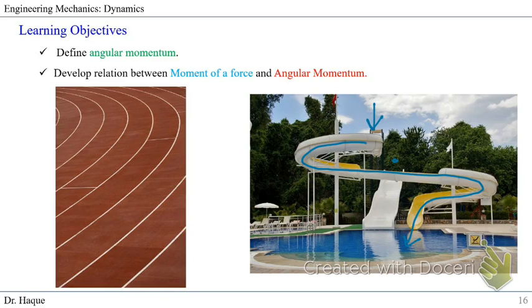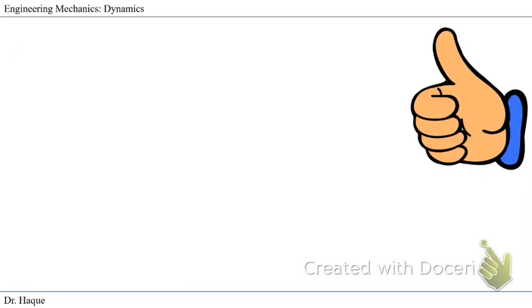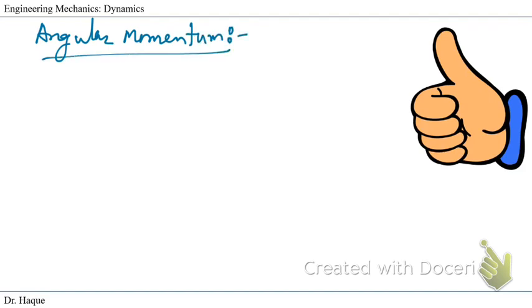So let's see how we can define angular momentum. The angular momentum of a particle is about a point.